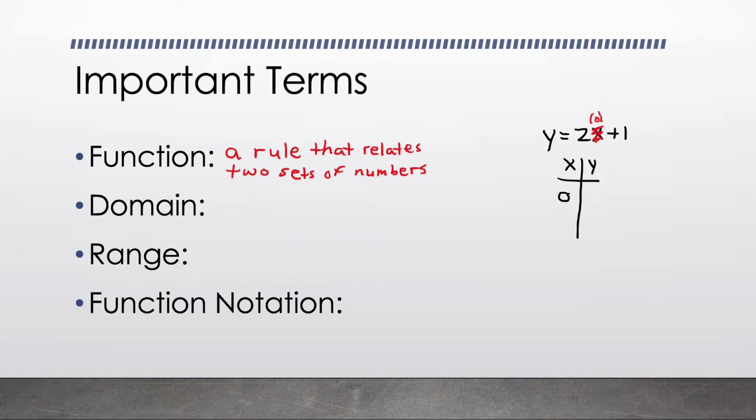So my equation is now going to become y is equal to 2 times 0 plus 1. 2 times 0 is still 0. And when we add 1, we're going to get an answer of 1. And so we know that if we plugged a 0 into the function, we would get a 1 for the y value.